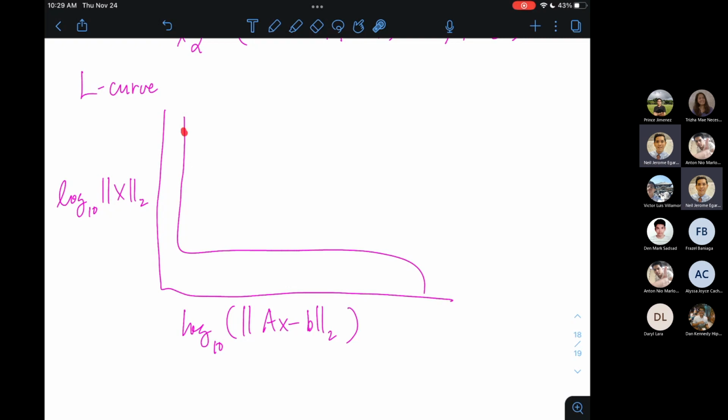Kasi kapag nandito ka, tapos nag-move ka lang ng konti pa kanan, ibig sabihin nag-give up ka ng konting accuracy, ang laki nung makukuha mong change in the solution norm. And remember, the lower the solution norm is, the less sensitive you are to noise. Okay? Tapos, the more to the right ka naman, lumalaki yung error.